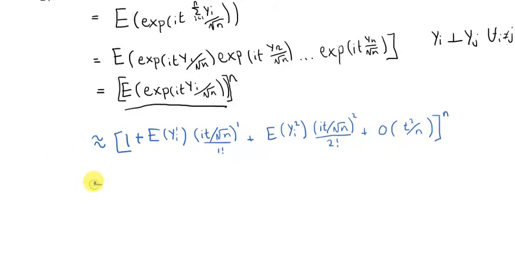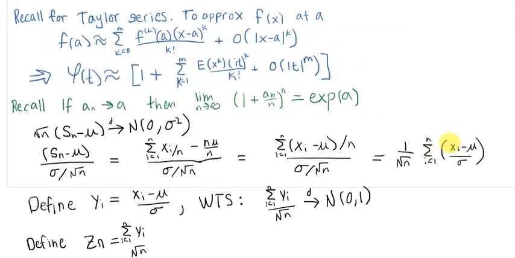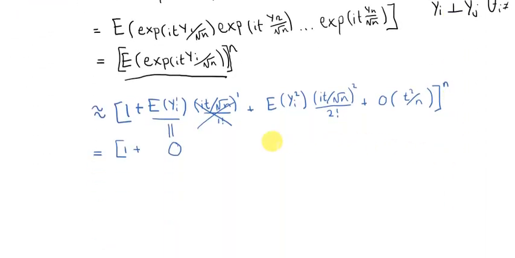So continuing on, the first component is just 1. This second component right here is actually 0, so we don't have to worry about this guy at all. It's 0 because y has a mean value of 0, because the expected value of x is mu, so the expected value of y ends up being 0. Now, the expected value of yi squared is equal to 1.